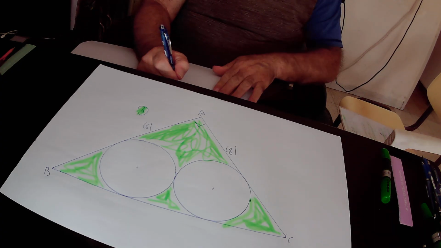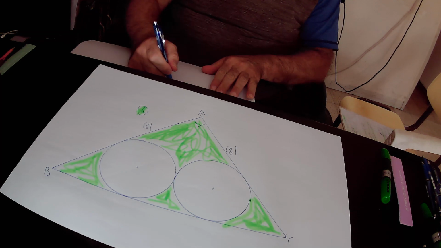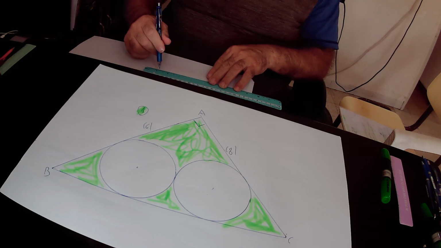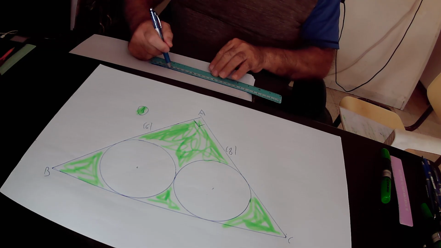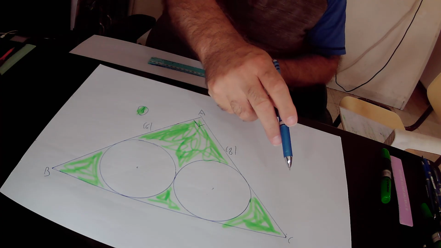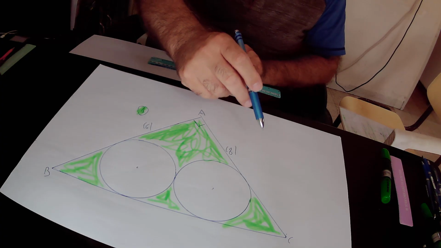According to the Pythagorean theorem, BC squared, that is the square of the hypotenuse, equals AB squared plus AC squared.